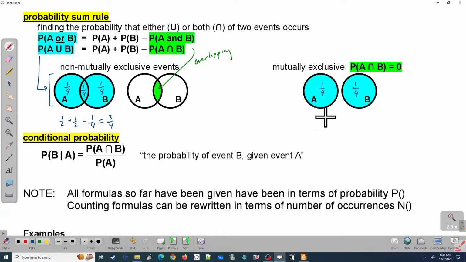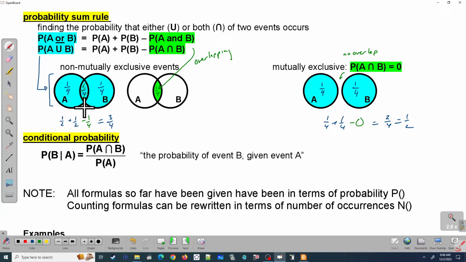In this case I would have 1/4 plus 1/4 equaling 1/2, and the reason for that is I will be subtracting 0 because there is no overlap, and I'll come up with a probability of 2/4, or in this case 1/2. And just because I see this right now, let's highlight this in green to represent that section right here where they both occur.